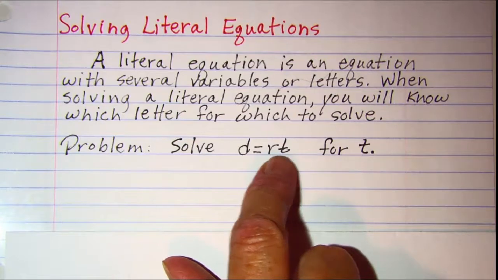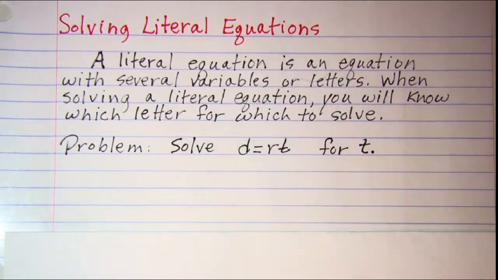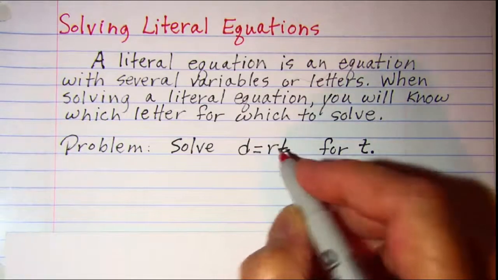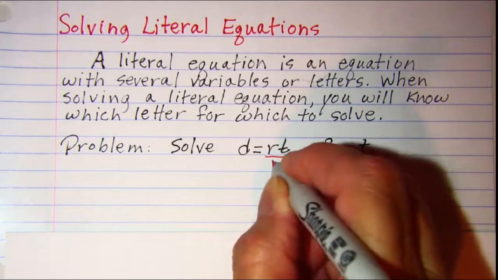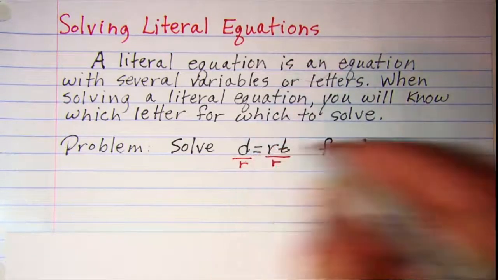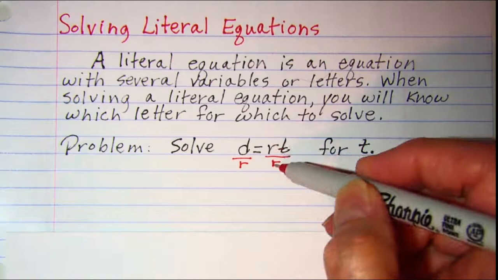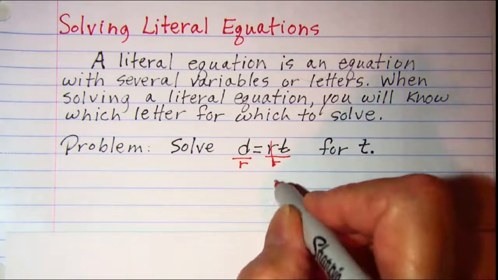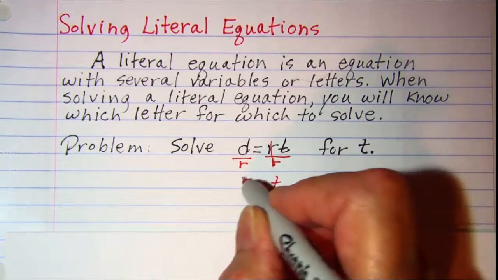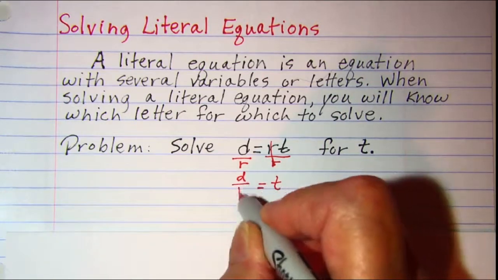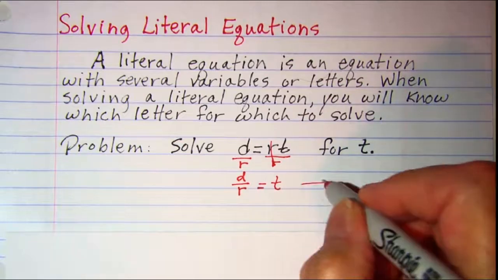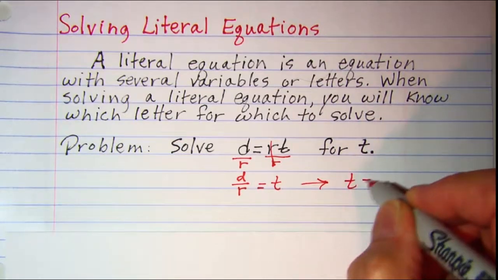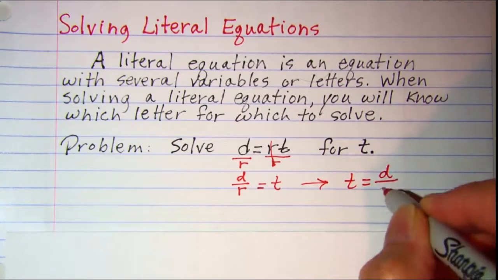Since r is multiplied by t, we'll need to do the inverse operation, so we'll divide both sides of the equation by r. r over r is 1, so those cancel, and we have t is equal to d over r. We could write this then as t is equal to d divided by r.